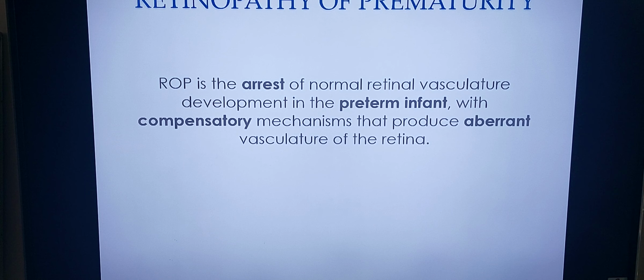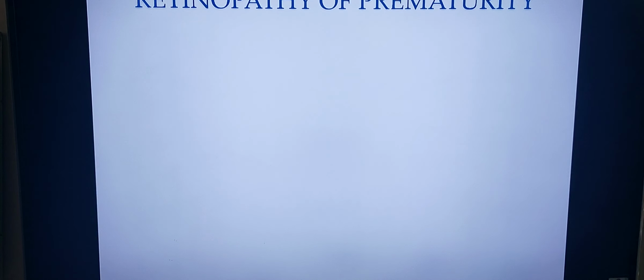As a brief definition, retinopathy of prematurity is the arrest of normal retinal vasculature development in the preterm infant with compensatory mechanisms that produce aberrant vasculature of the retina. If we only look at the bold letters over here, you will be able to tell what exactly retinopathy of prematurity is about. I will further explain it as we move on.